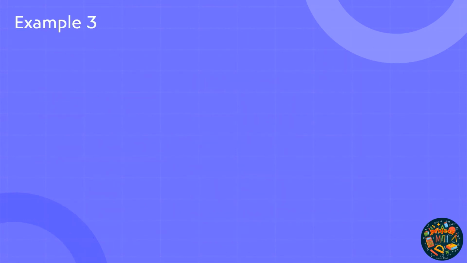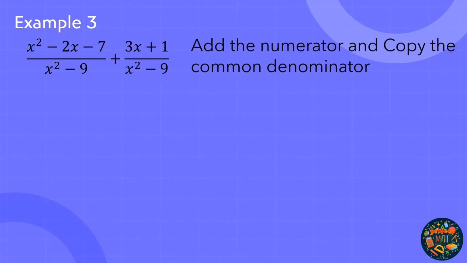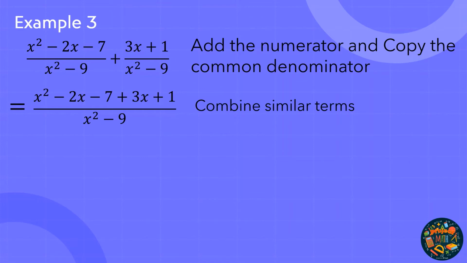Example number 3. x squared minus 2x minus 7 over x squared minus 9 plus 3x plus 1 over x squared minus 9. First, we have to add the numerators and then copy the common denominator. Okay, so we have now x squared minus 2x minus 7 plus 3x plus 1 over x squared minus 9. Then, combine similar terms.